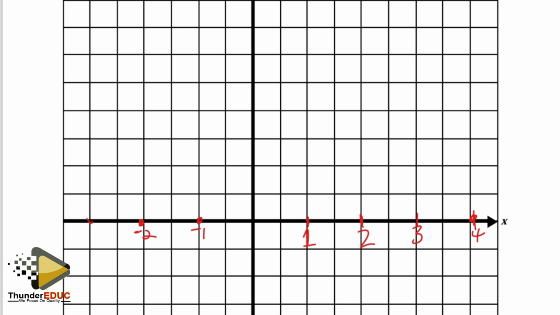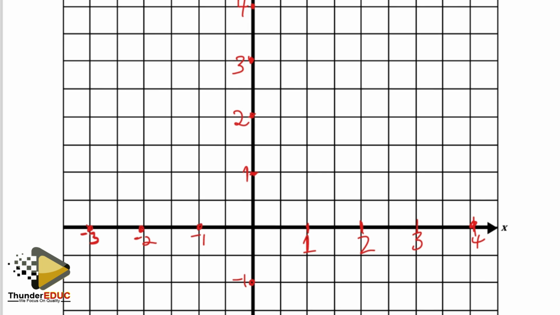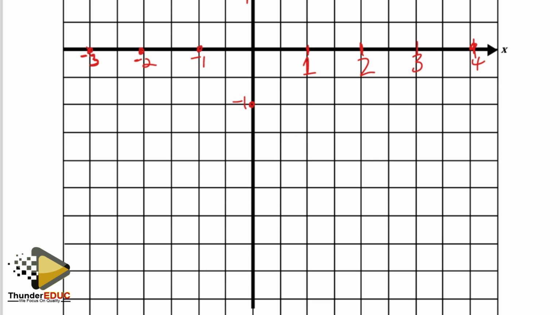So that our graph is at least healthy. Negative 2. This is going to be negative 3. Okay, and then up here, and call it a positive 1, positive 2, positive 3, positive 4, negative 1. Let me have this as a negative 2, negative 3, negative 4.